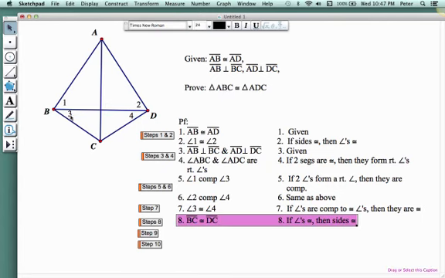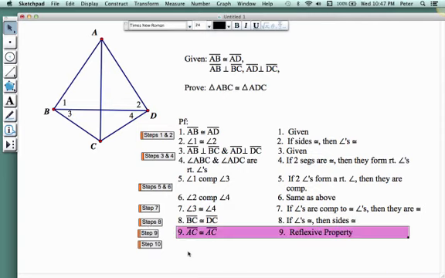If angle 3 is congruent to angle 4, then side BC must be congruent to side DC, because if angles are congruent, then sides are congruent. I hope you recognize that that's the converse of step number 2. But now it lets us move on to step 9, which is pretty straightforward.